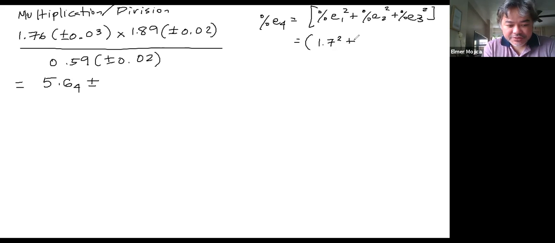And then 0.02 divided by 1.89 times 100. That's around 1.06 or 1.1. And then 0.02 divided by 0.59 times 100. So you have around 3.4, squared.